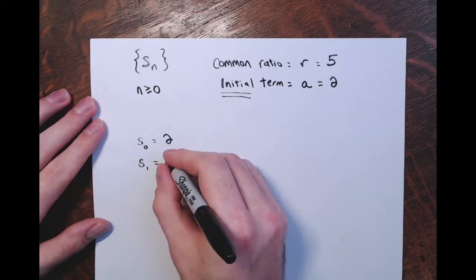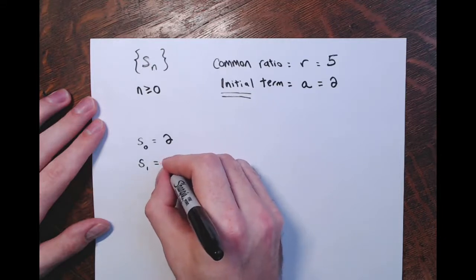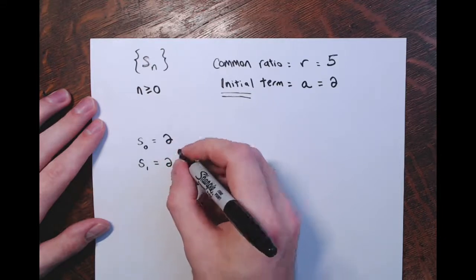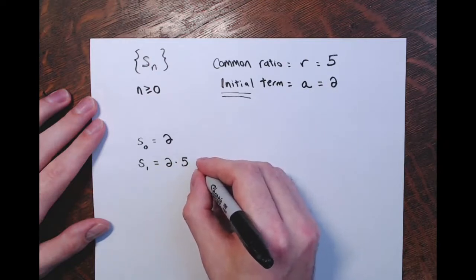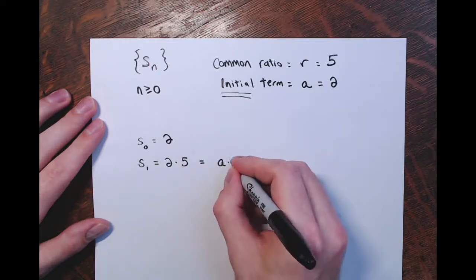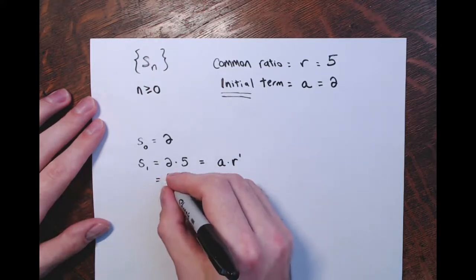is again, how do you form the next term of a geometric sequence? You take the previous term, which is 2, and multiply it by the common ratio, right? And notice that this is just a times r to the first, right? Now this is 10.